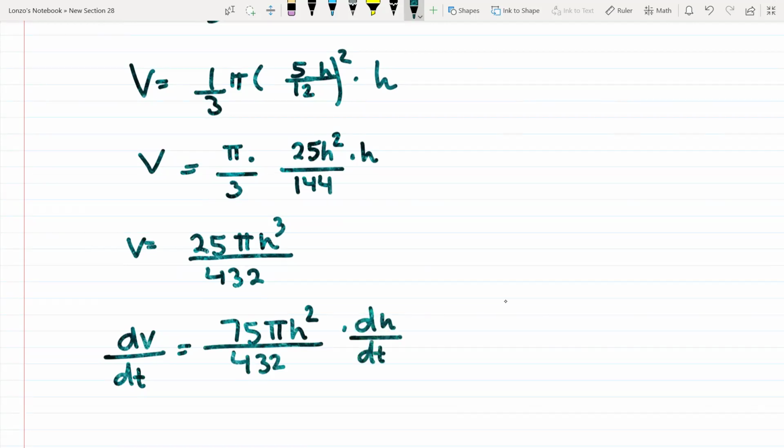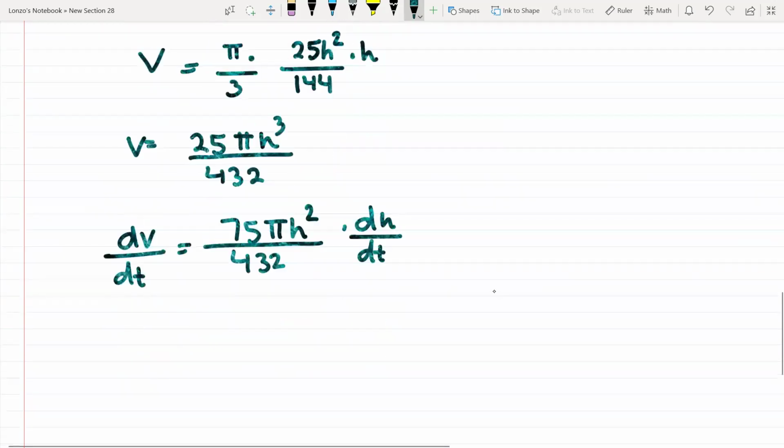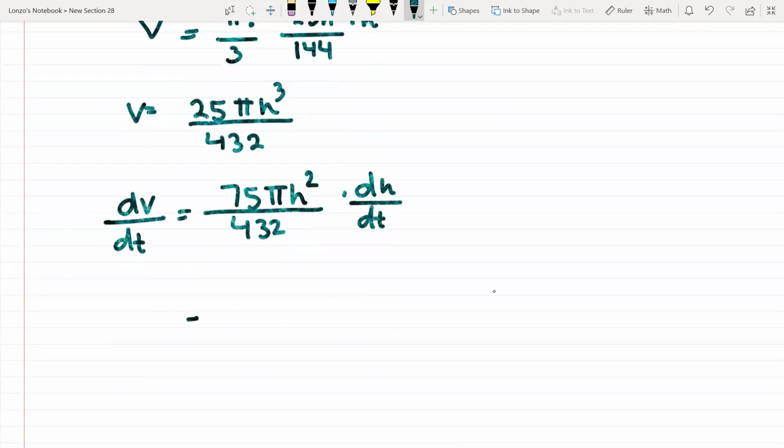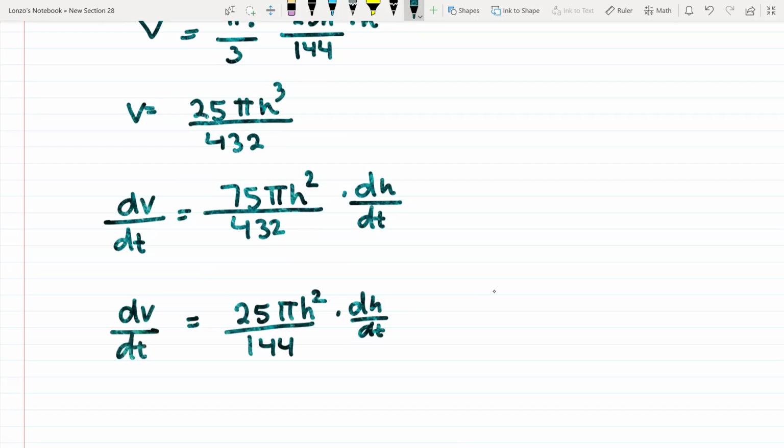Before I get rid of 75 pi h squared over 432, maybe I could reduce. Yes, I believe it could be reduced by 5. So this would be 25 pi h squared times dh/dt over 144. And then what I would do next is solve for dh/dt by multiplying both sides by the reciprocal of this. So the reciprocal of that is 144 over 25 pi h squared.